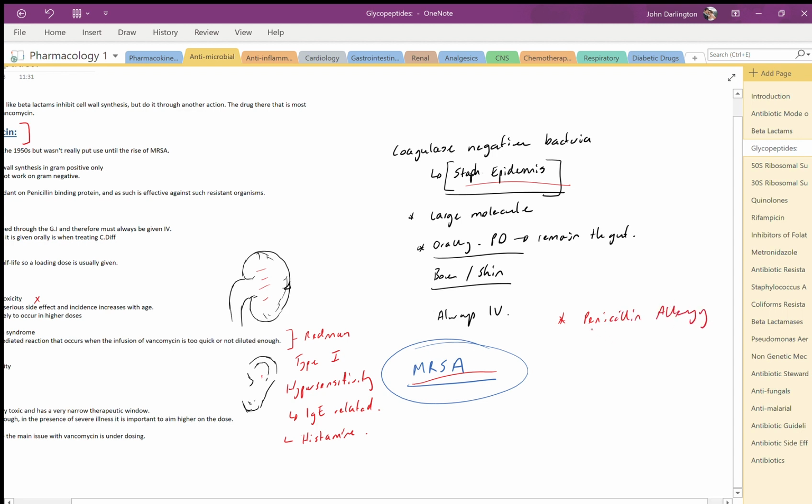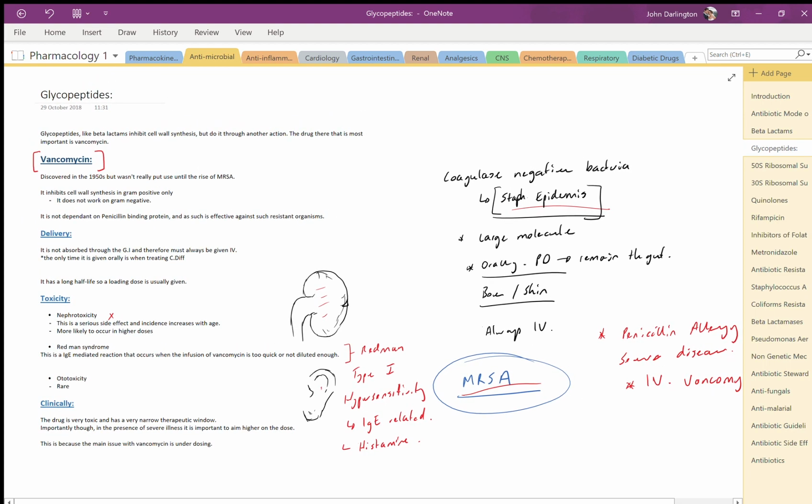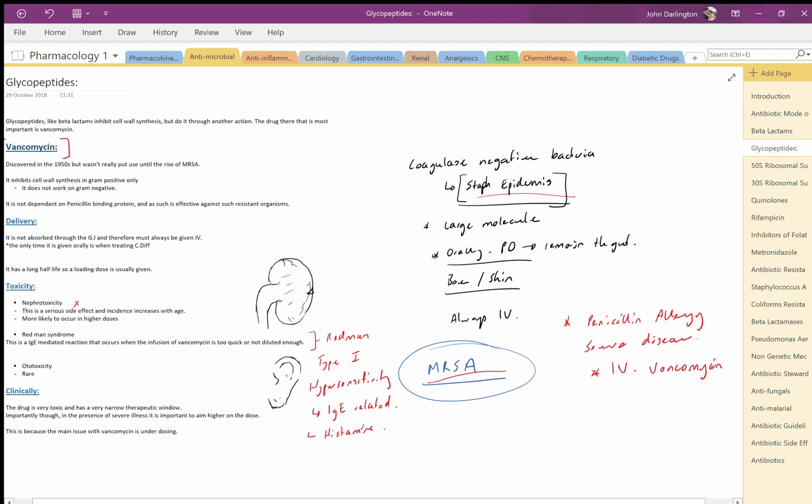So if a person has a penicillin allergy and they have a severe disease, in other words, they are receiving this drug IV, then you need to give them vancomycin, okay? Because that will carry out very similar activity to beta-lactam, but it doesn't work in the same way, so the person shouldn't have an allergy to that.